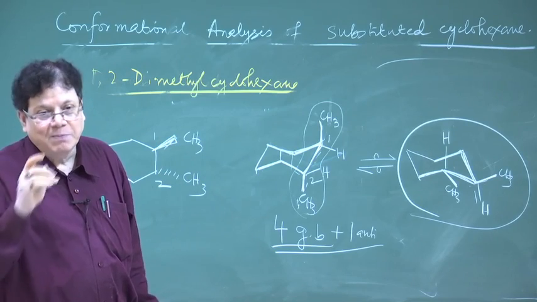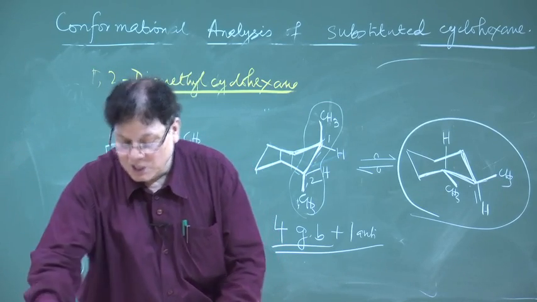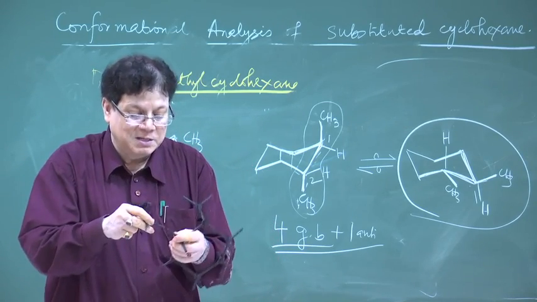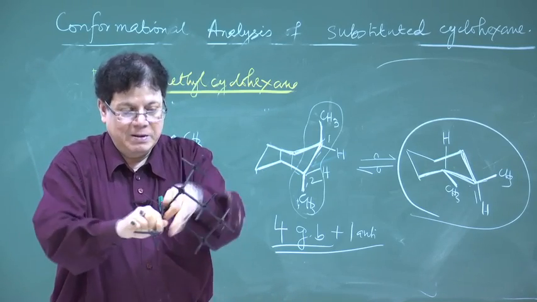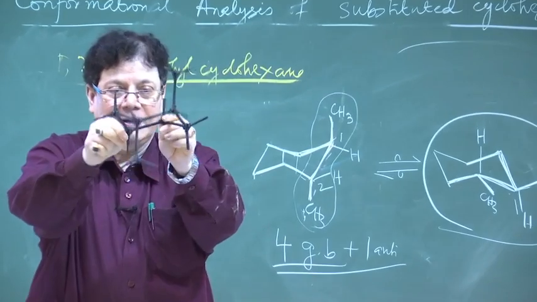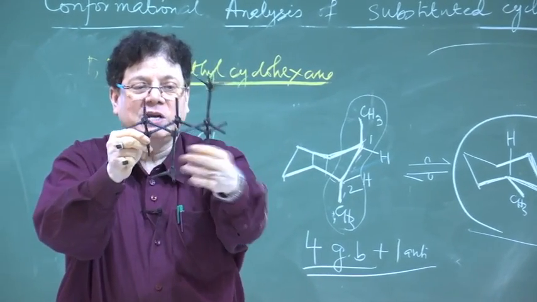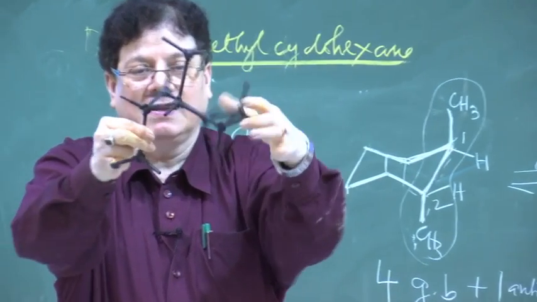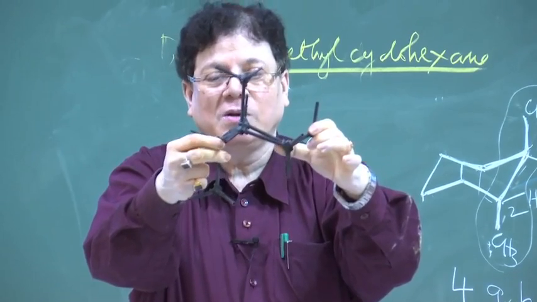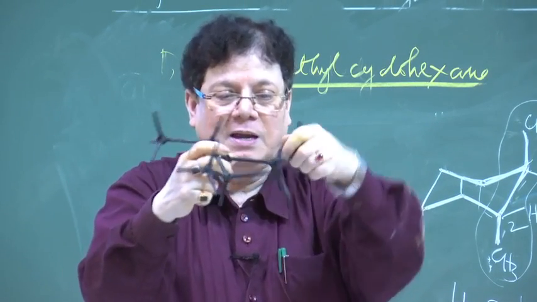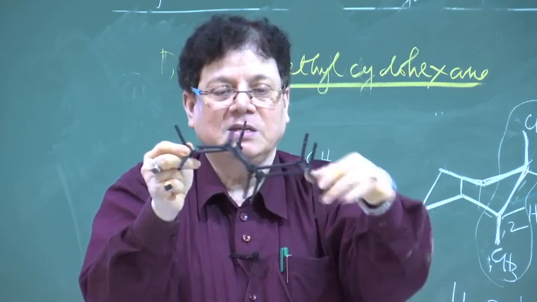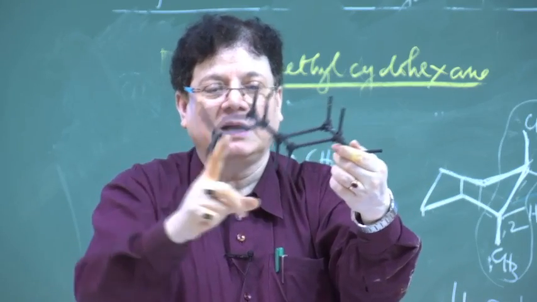For the equatorial methyls you have all anti, but the question is what happens to the mutual ones. I can show you. See, this is the diaxial form, this is axial, that is axial, and what is the di-equatorial form? You flip it, take this up and take this down. So, this is the di-equatorial form, this is equatorial, that is equatorial.